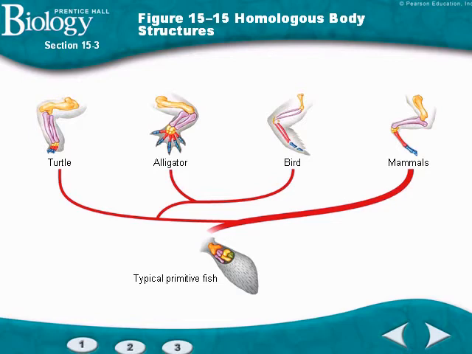And this is the example you have in the book, and this is a great example of homologous body structures. You can see that all these organisms, what you're seeing is their forelimb, their arm, so to speak. And you can see that what they've done is color-code each of the bones in all these organisms, and how they relate to each other.